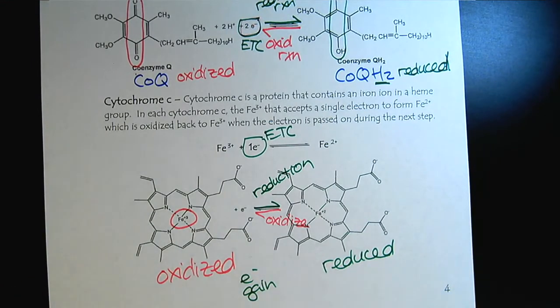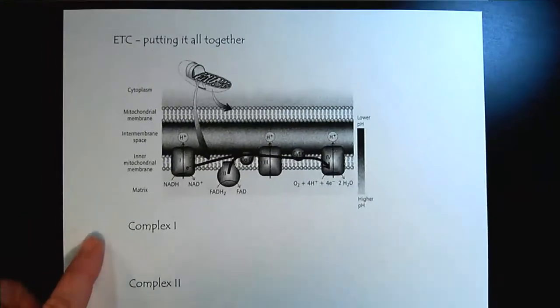Alrighty. So now I think we have all of the pieces that we need to go through the actual chemical process of the electron transport chain. So let's put it all together now that we have all the pieces.